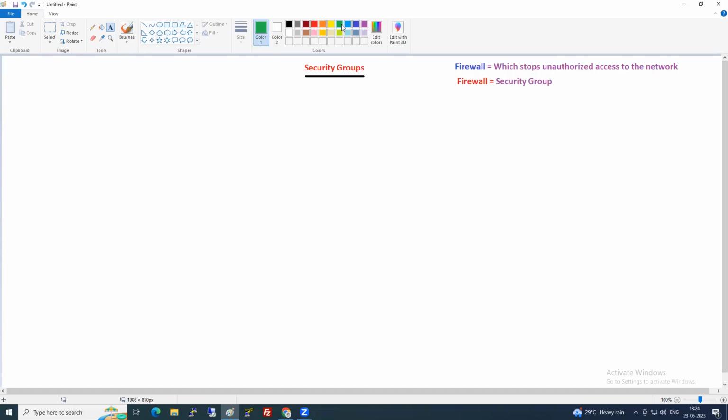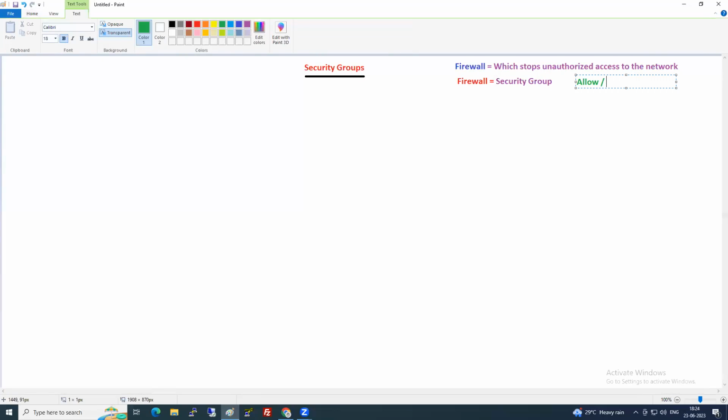The similar way, here also we create rules. Where we create rules? In security groups also we create rules. What rules? Security group rules. So now, we will allow or we'll deny. Yes or no? Based on our requirement, we allow and then we deny.